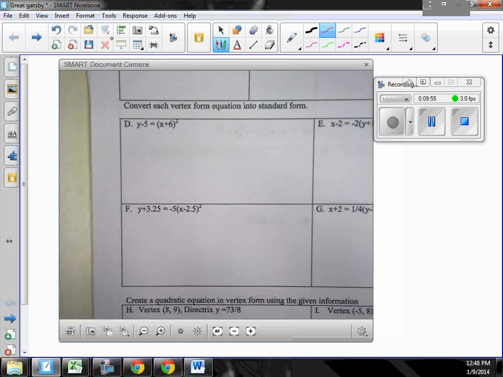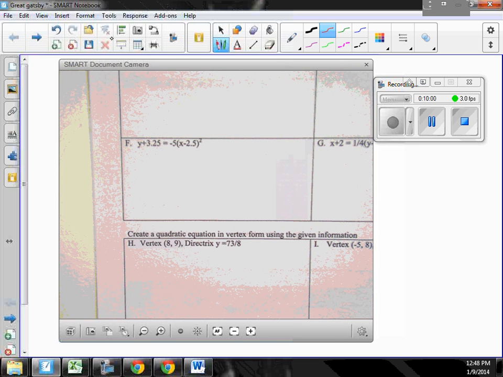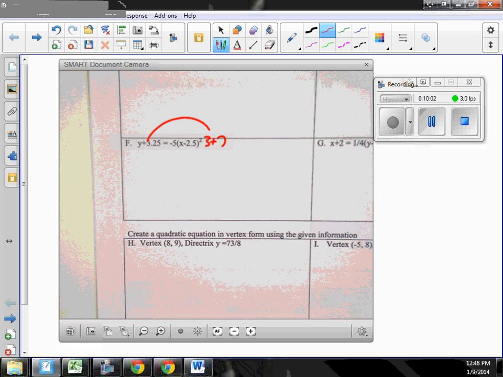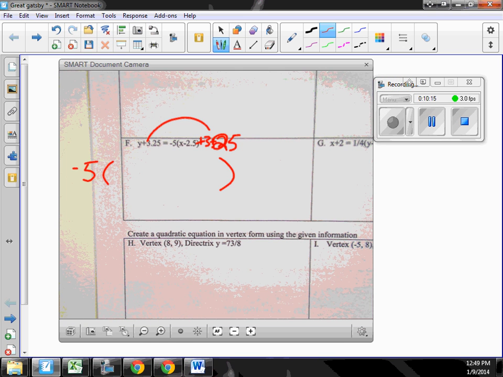Letter F. So I have negative 5 times, subtract that, turn the whole thing in. So what is the quadratic on the inside?